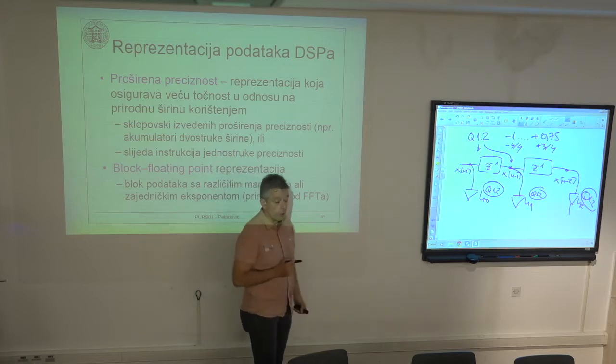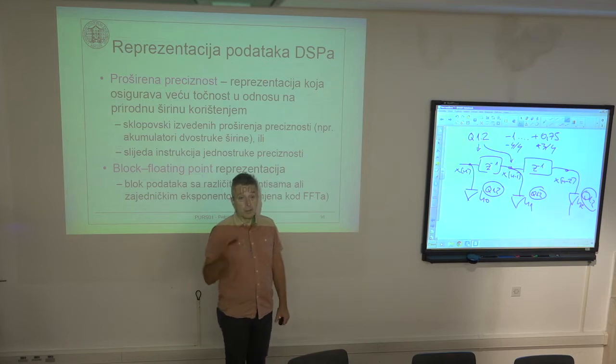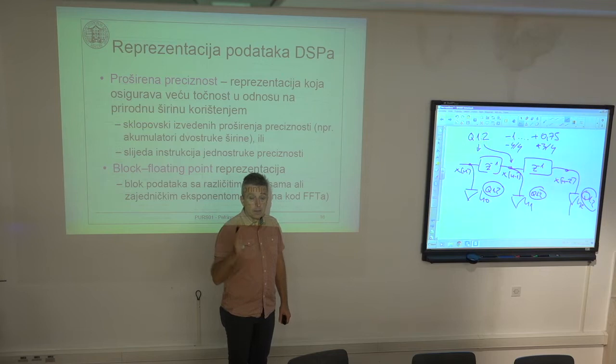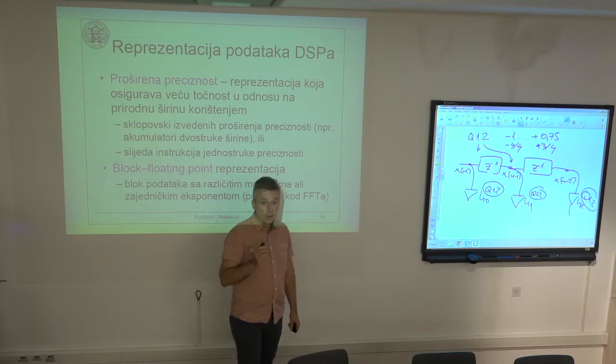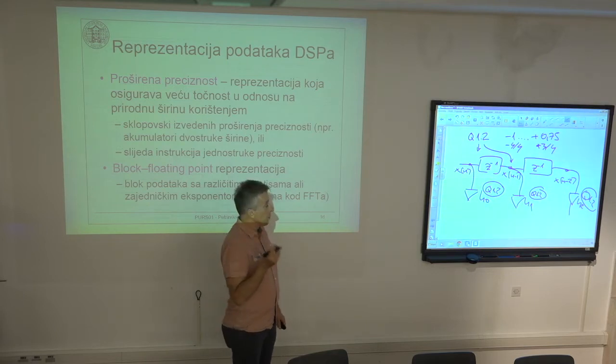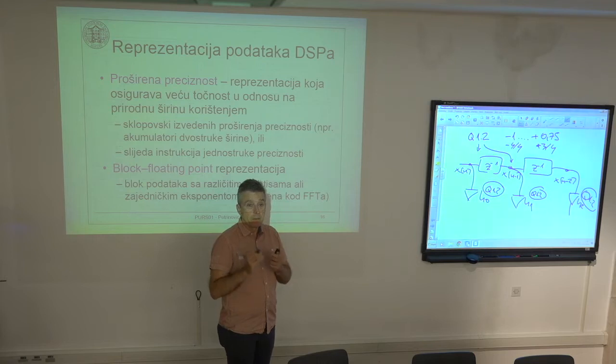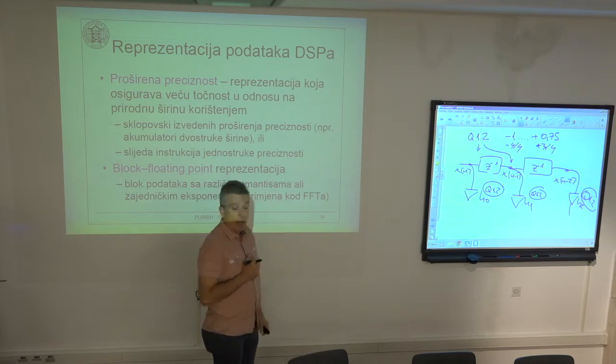In the case of fractional representation, as we described the last time, we have to shift the result 1 bit to the left to get rid of this double sign bit. Because when you have 2's complement representation and multiply two numbers, we always get a double sign bit.